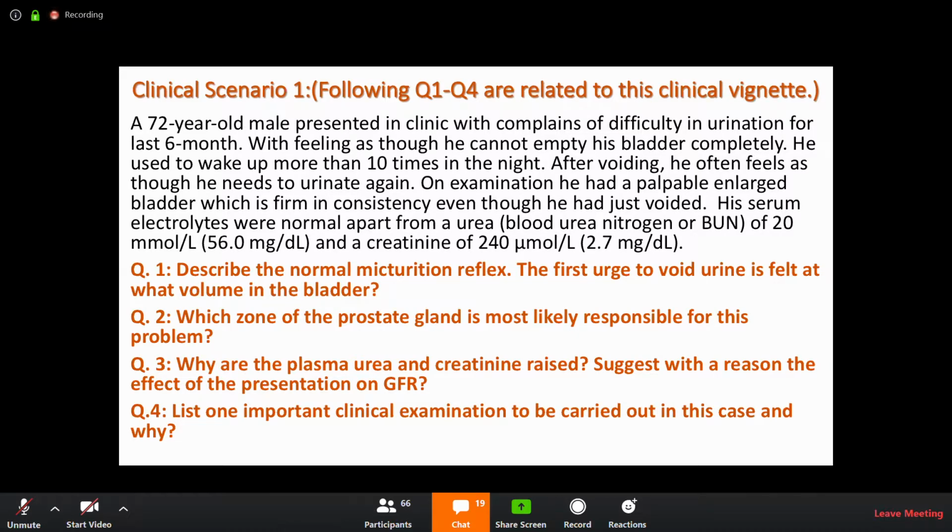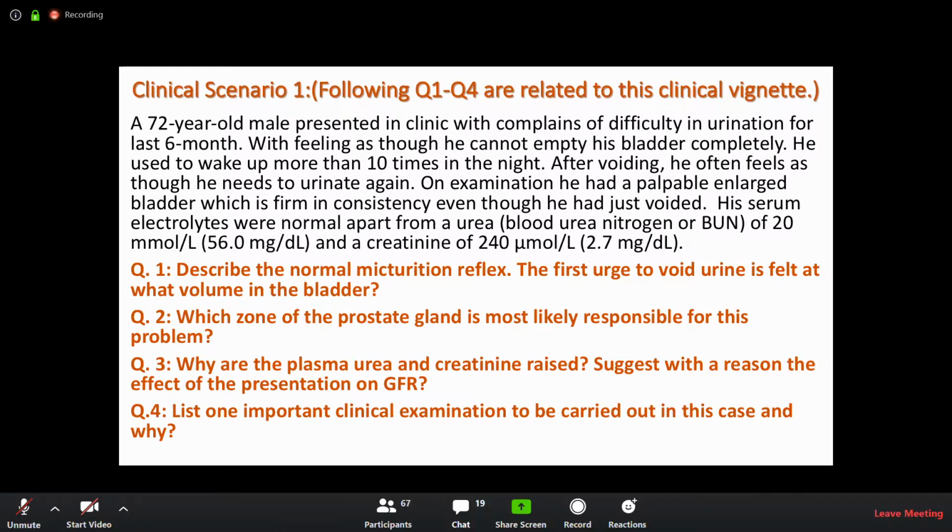His serum electrolytes are normal, and the assumption here is that sodium, potassium, calcium, and so on are normal.